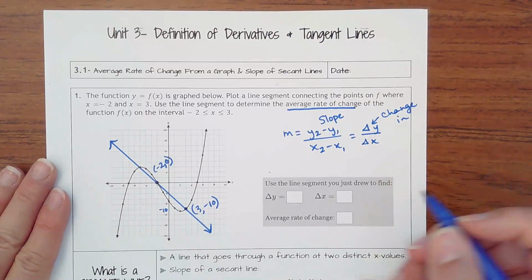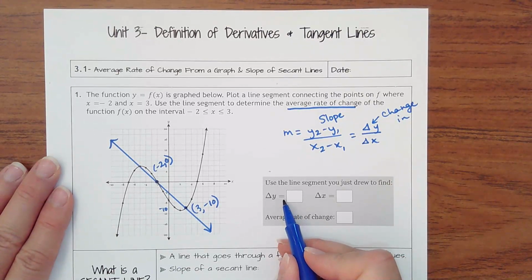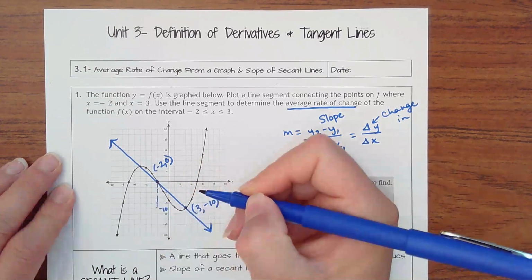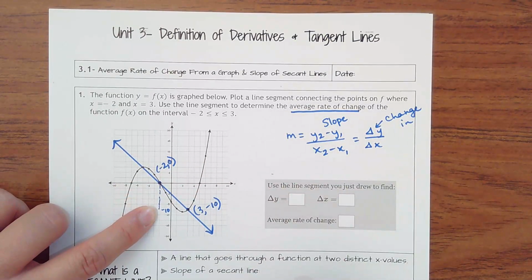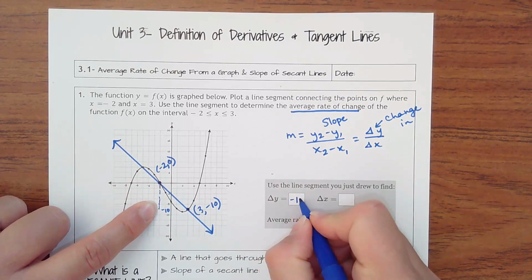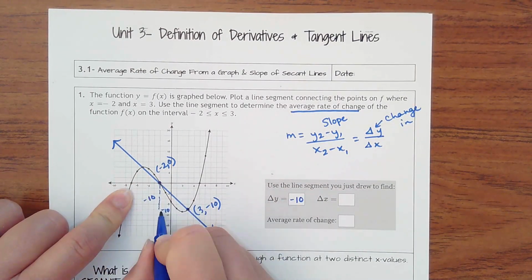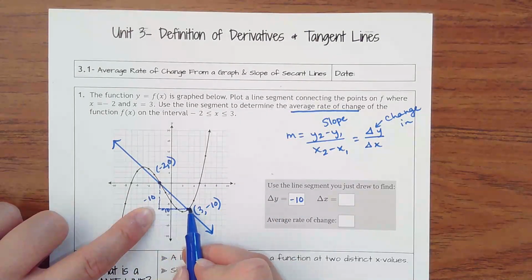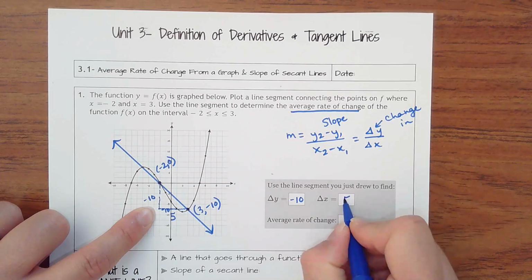So all you're doing in this problem is finding the change in y. You could literally just think from 0 to -10 is going down 10, and then going right from -2 to 3 means you go 2 plus 3 more, so right 5.